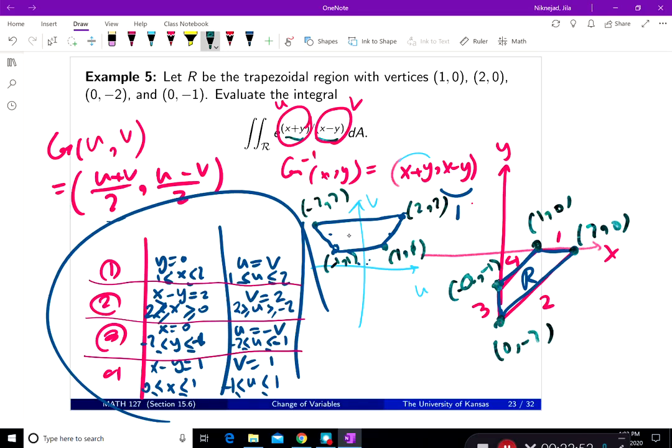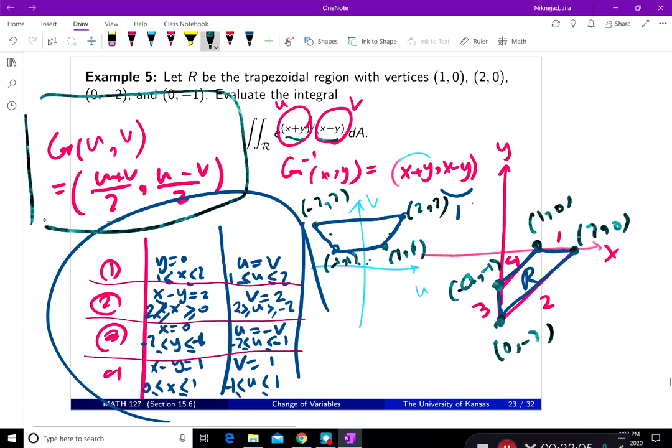It's actually true for this situation because the transformation that we use, G, is a linear transformation. Look at this, it's 1/2 of u plus 1/2 of v for x, and 1/2 of u minus 1/2 of v for y. Linear transformations preserve lines.